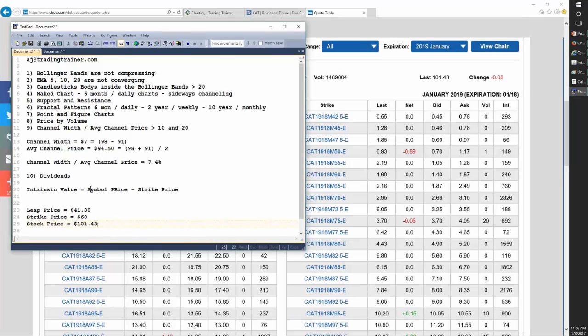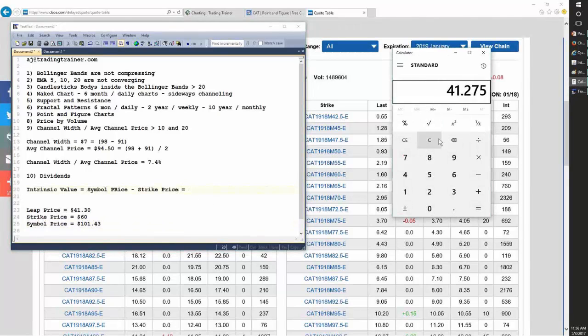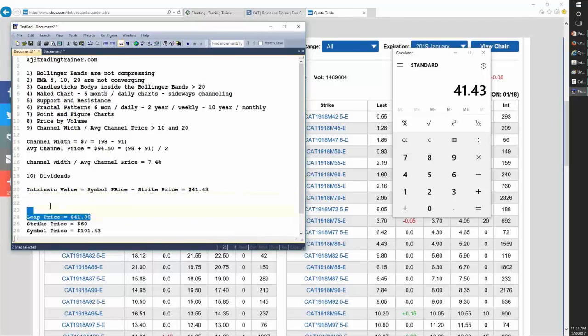So to determine the intrinsic value, we take the symbol price and we subtract the strike price. So the intrinsic value in our example is going to be 101.43 minus 60, which is 41.43. And now what you want to do is compare that to the LEAP price.